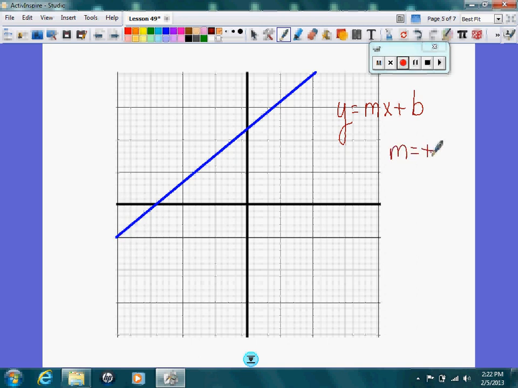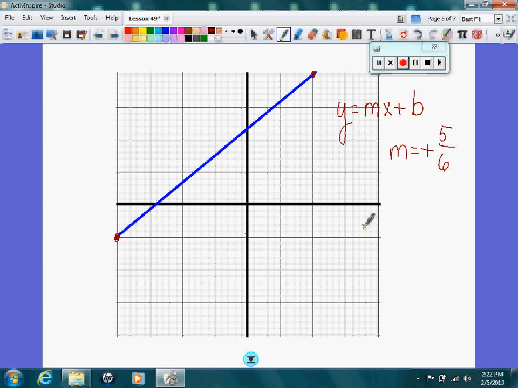Let's just pick this point here, and this point up at the top. It rises how many? 1, 2, 3, 4, 5. It rises 5 and runs 1, 2, 3, 4, 5, 6. So our slope is 5 over 6.